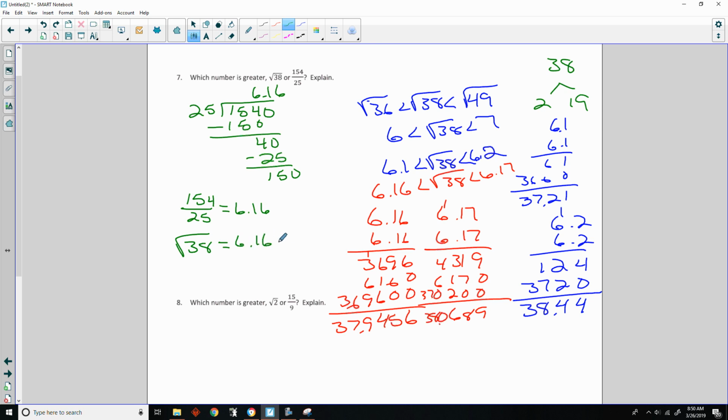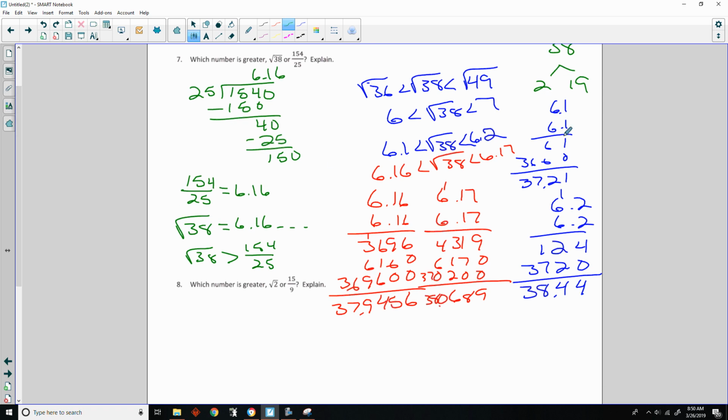And it doesn't matter what that something is, it's going to be more than 6.16. So which number is greater? The square root of 38 is greater than 154 over 25. Okay, so now you're probably saying to yourself, why is he doing all this work when all you got to do is plug it into a calculator?